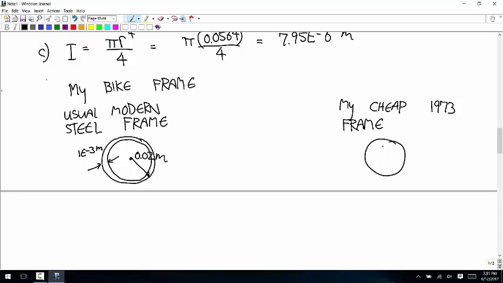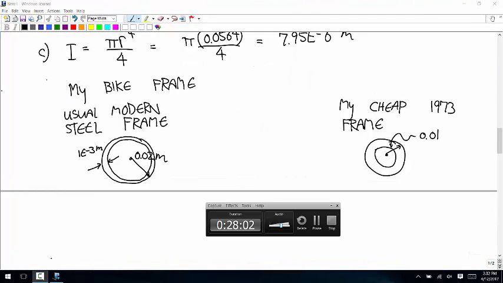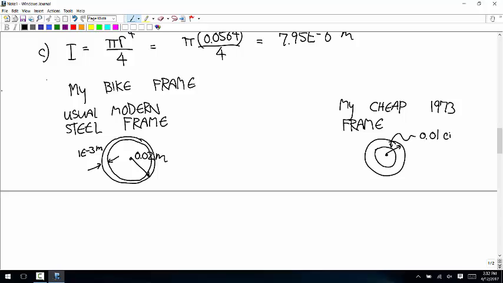Let's say it has a radius of 1 centimeter and a tube thickness of 3 millimeters.